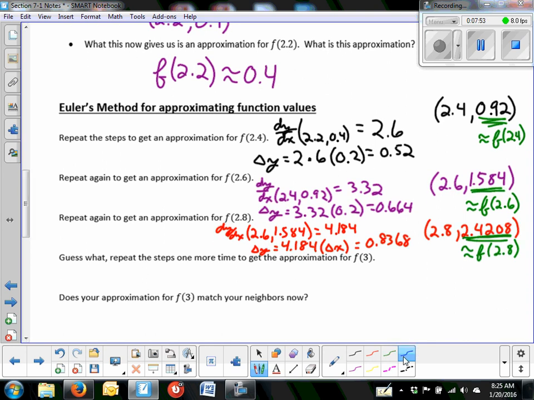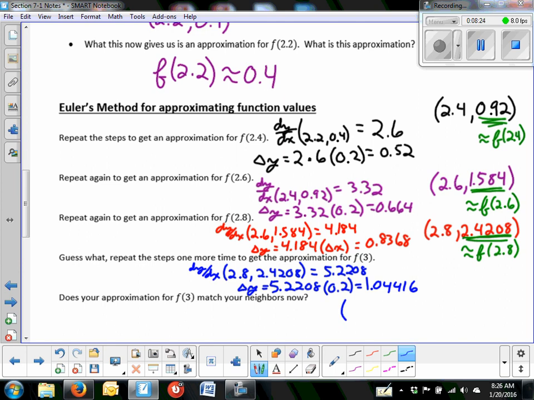So finally, to get f of 3, I just need one more step of 0.2 on the x coordinate. So I need to find dy dx at (2.8, 2.4208), which is going to be 5.2208. Delta y is going to be that dy dx times the delta x, which will be 1.04416.